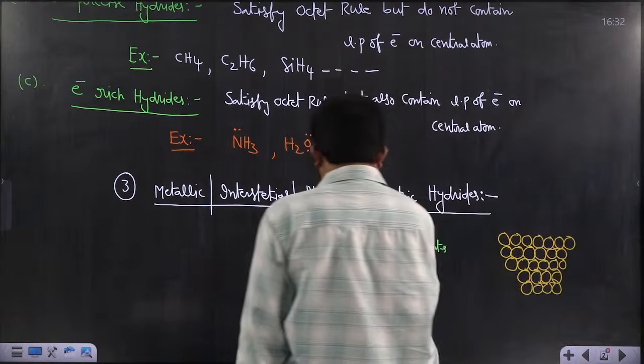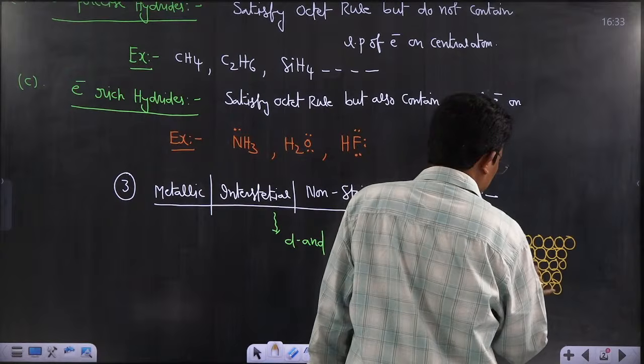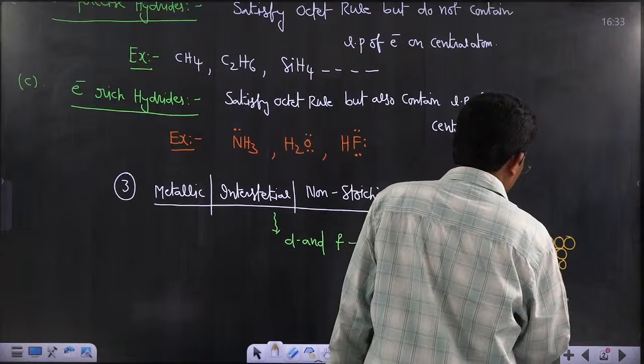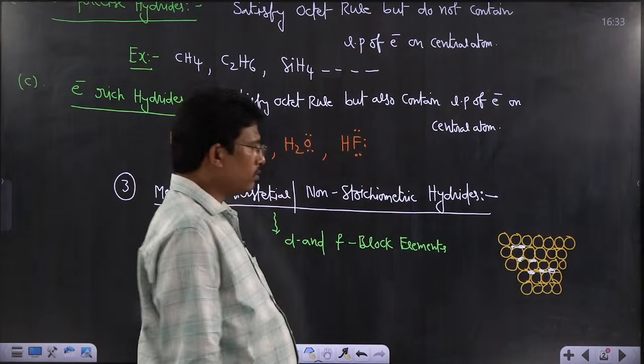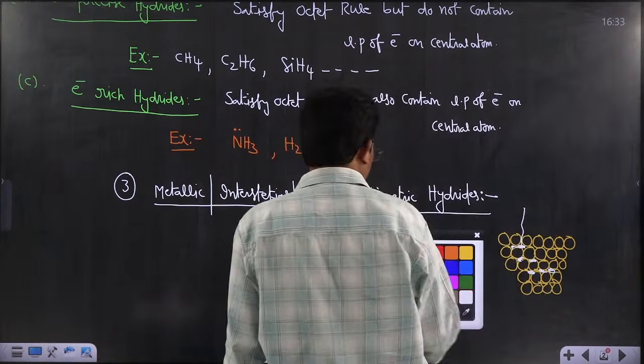The vacant space created between the layers of metal atoms is called interstitial space or void. Now this space is filled with hydrogen gas.